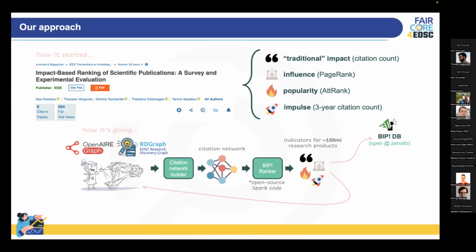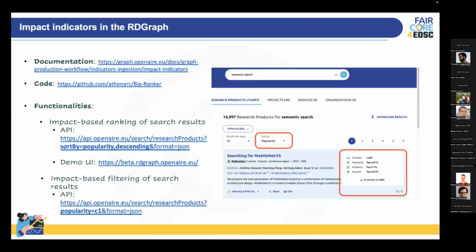So those impact indicators are then documented in the RDGraph documentation website, and the code that we use to calculate them is open source and can be found on GitHub. So we offer 2 main functionalities.